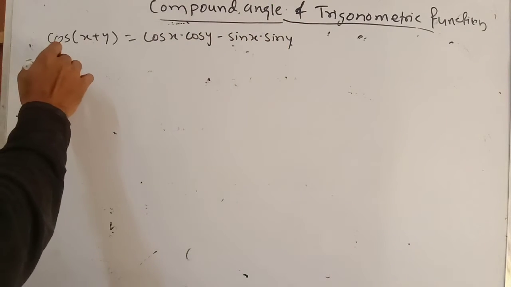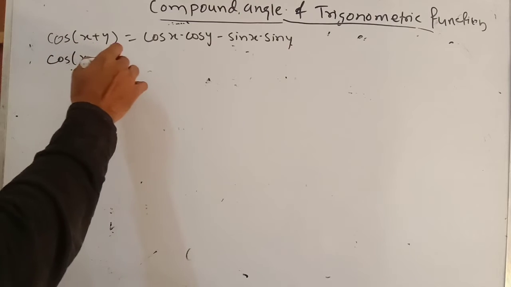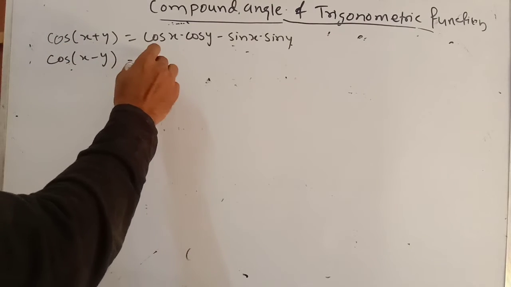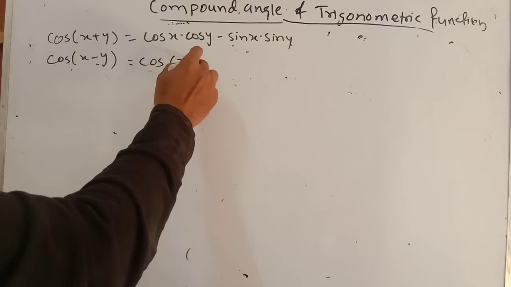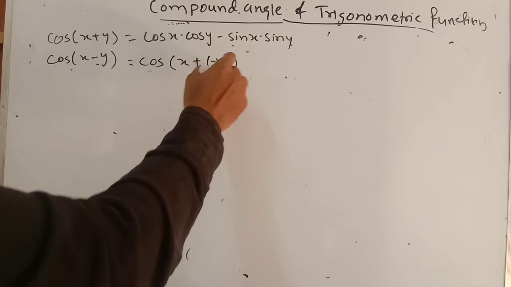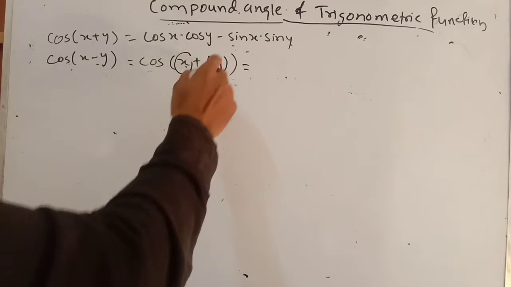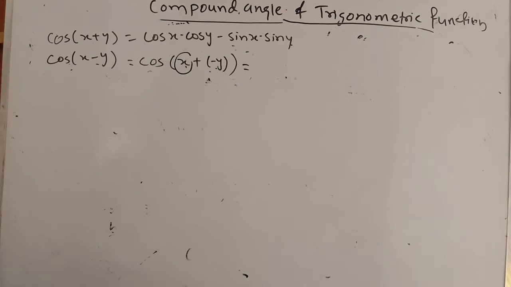Similarly you can find cos(x minus y) with the help of this one. You can write this in the form of plus like this. In place of y, consider minus y.